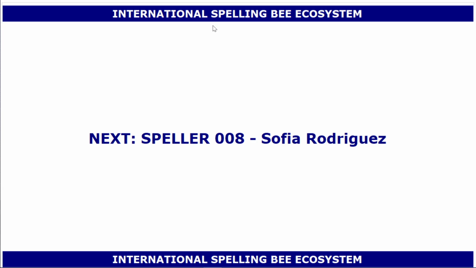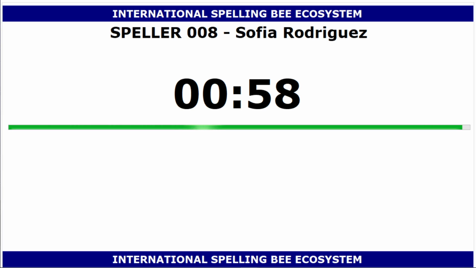All right, now this is what the speller sees as the competition is running. Let's go. Speller number 8, Sofia Rodriguez. Your word is quarantine.